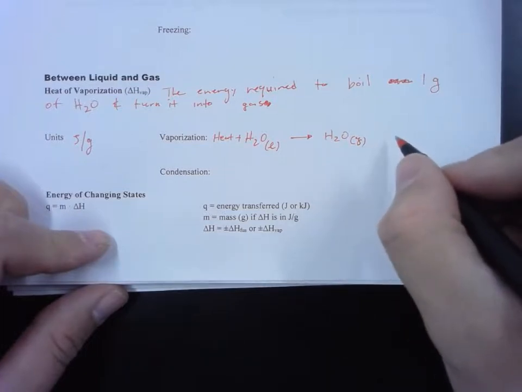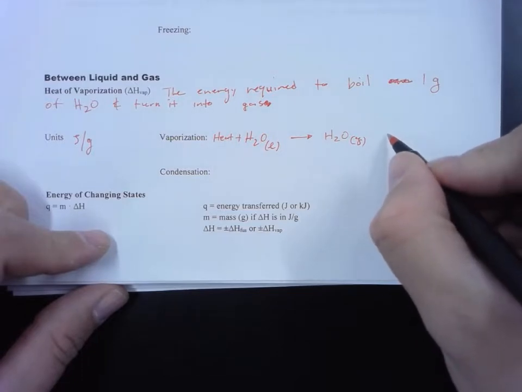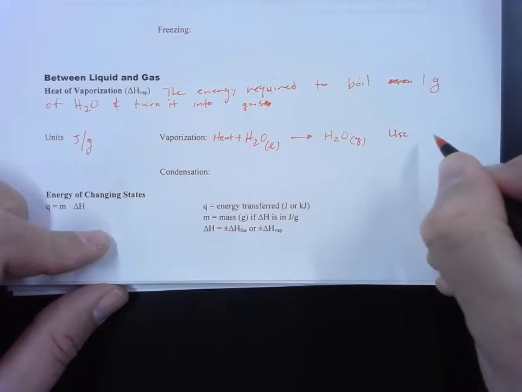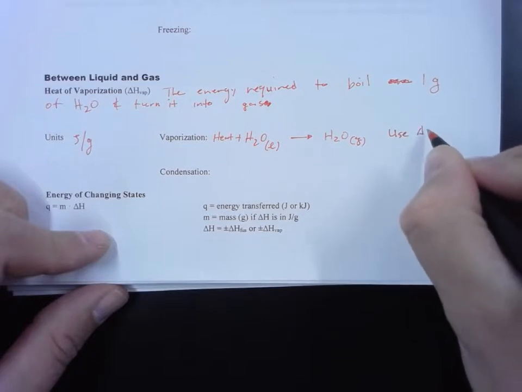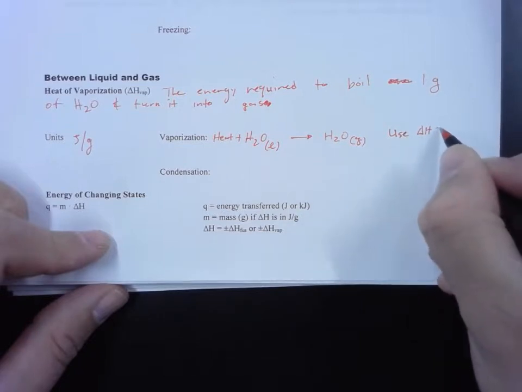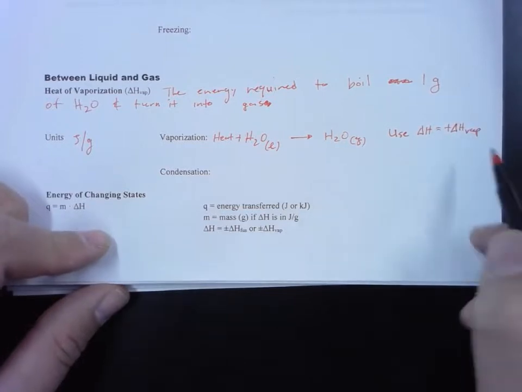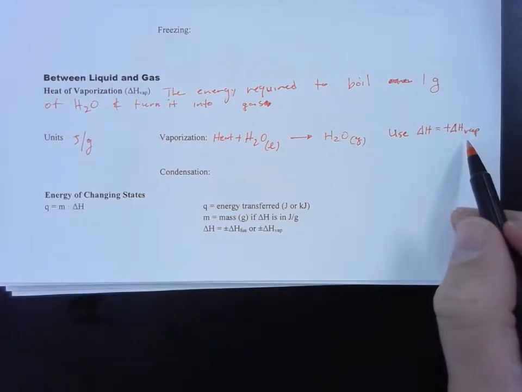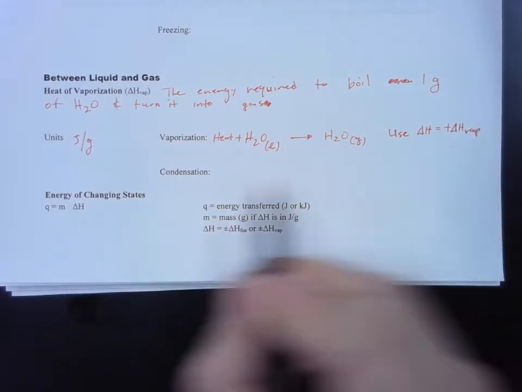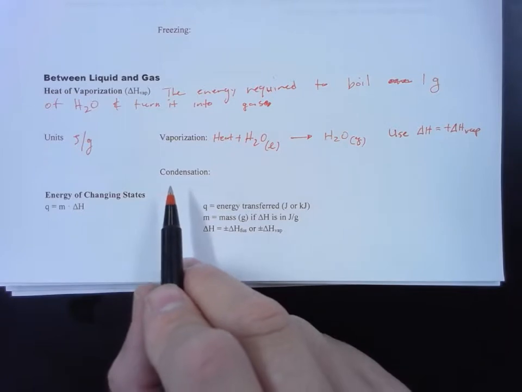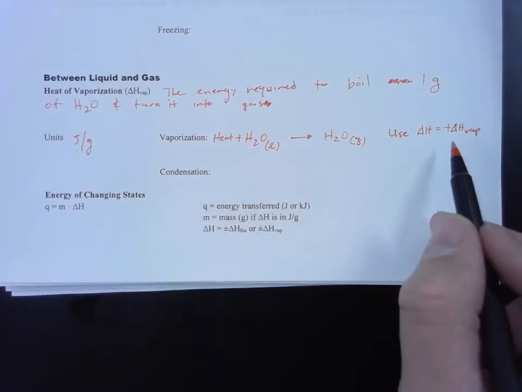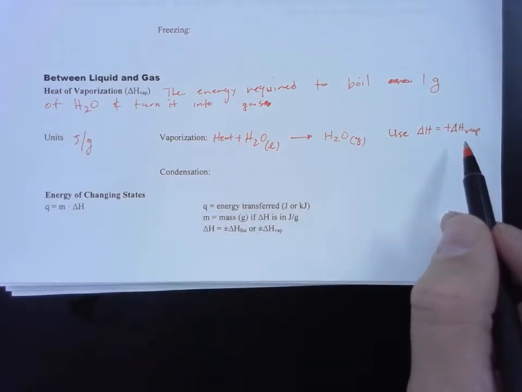And our delta H in this case, we're adding heat, so when you do these problems, it's going to be positive delta H of vaporization. Remember, there is no delta H of condensation. Delta H of condensation doesn't exist. It's just the negative delta H of vaporization, as you're about to see.